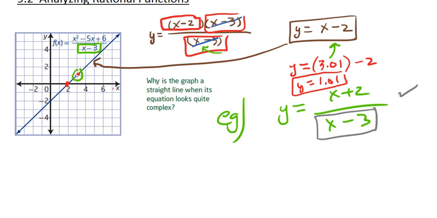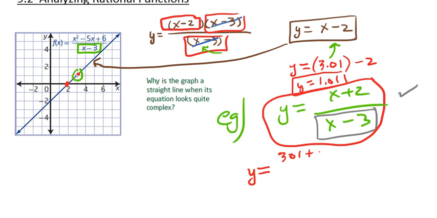This becomes really handy when we're dealing with something like this. I know that x equals 3 is a vertical asymptote. So what if I put 3.01? I would see where that graph is near 3. So 3.01 plus 2 over 3.01 minus 3. That is 5.01 over 0.01. So what is this? That is 501.